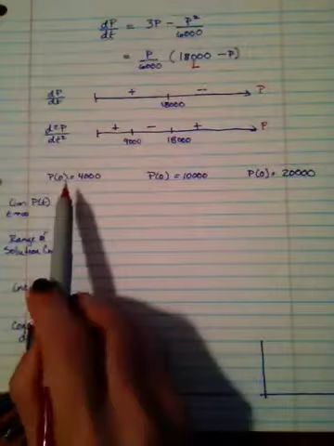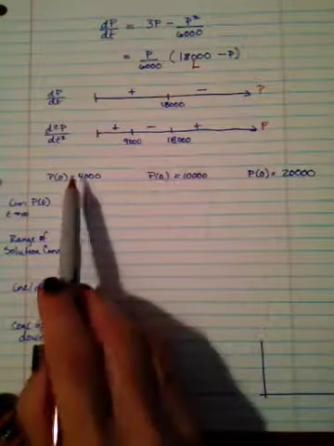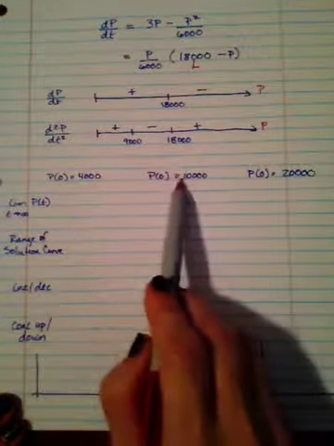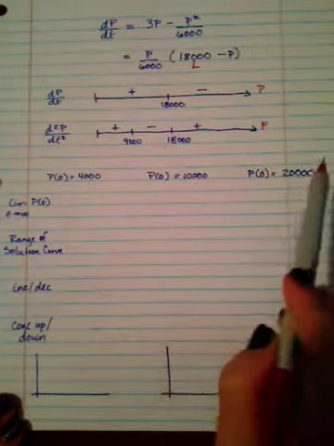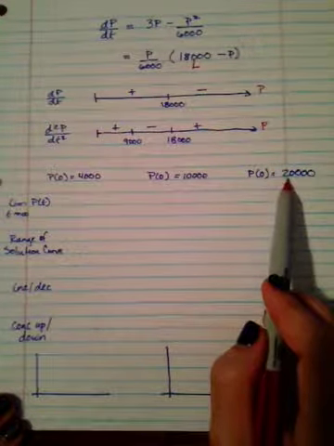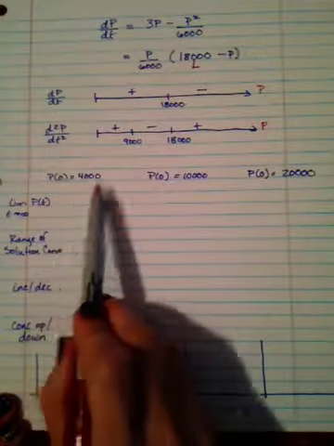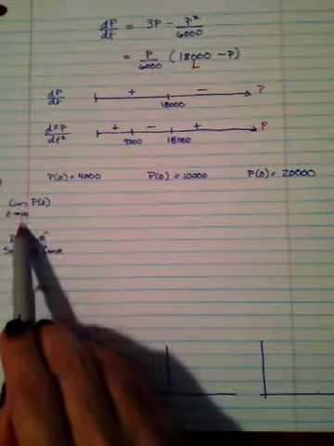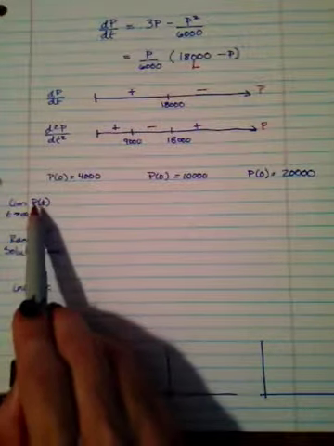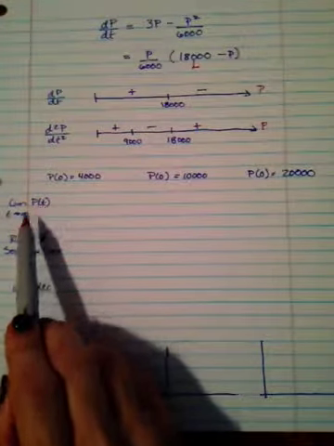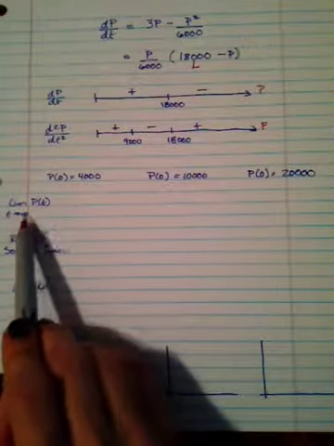So I have three different starting populations: 4,000, 10,000, and 20,000. If I was asked in these three scenarios, what is the limit as t approaches infinity of our population function itself, I do not have to know what the population function is to do that.